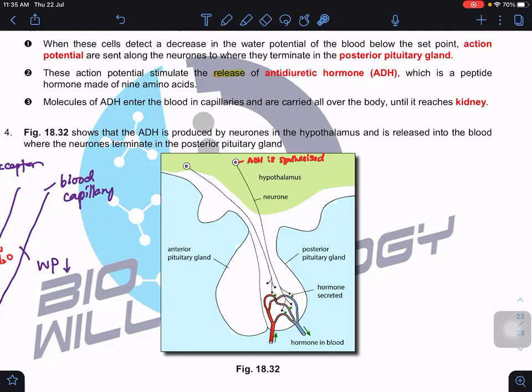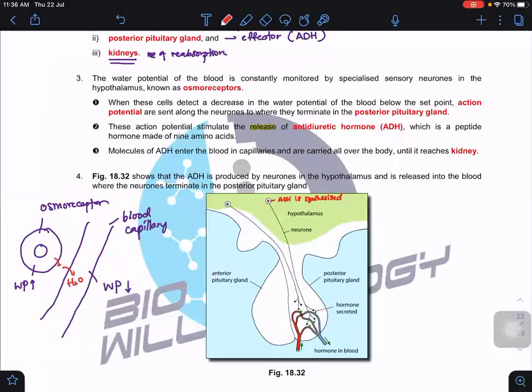The ADH is carried all over the body until it reaches the kidney. Which part of the kidney responds to this? The most important part is the collecting duct.